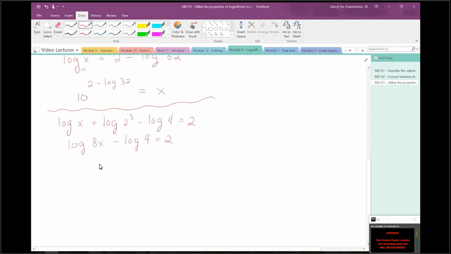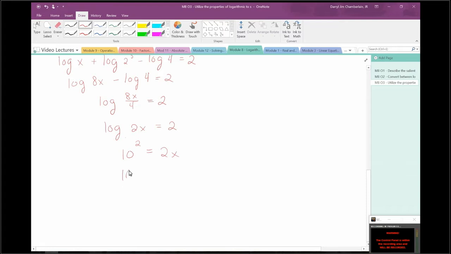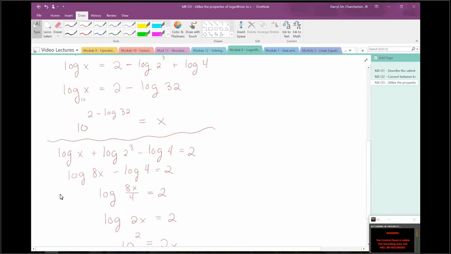Subtraction means I could divide. That's log 8x over 4. Now we know what 8 over 4 is. That's 2x. And so that's saying 10 to the 2 equals 2x. And in this case, it was actually very clear what x was.